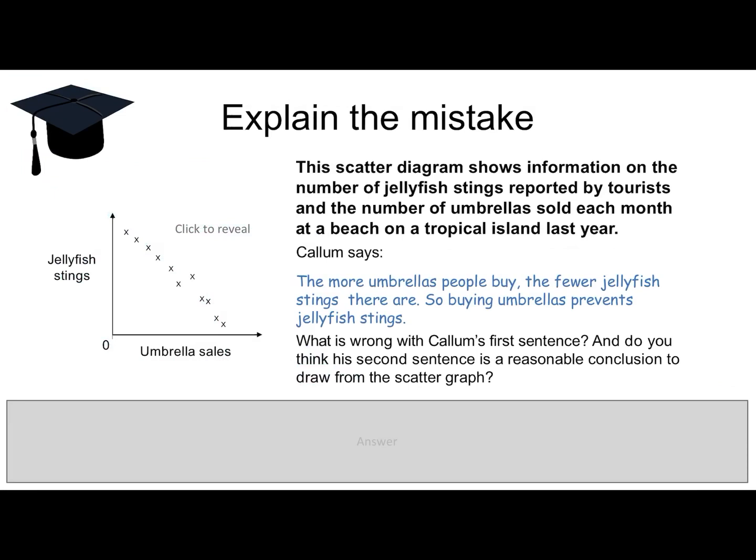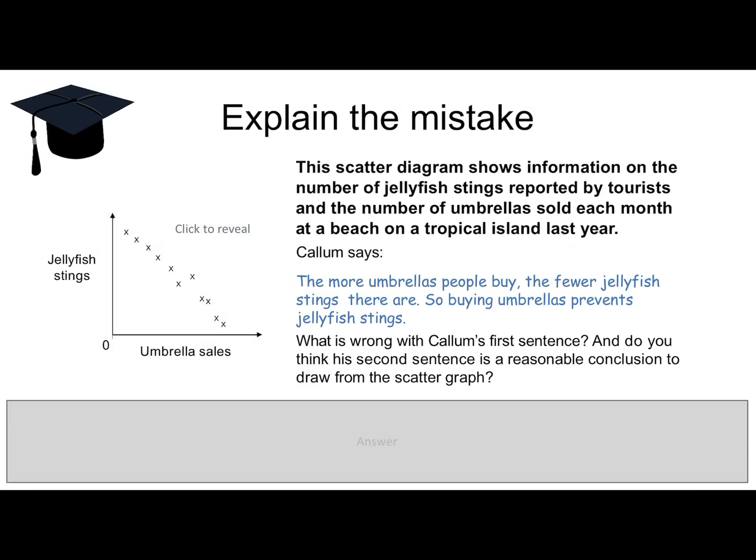The answer is no. That's not a reasonable conclusion. Buying an umbrella does not save you from a jellyfish sting. What happens is, if it rains, you're less likely to go in the sea, and you're more likely to buy an umbrella. So the essence of this is that correlation does not mean causation.